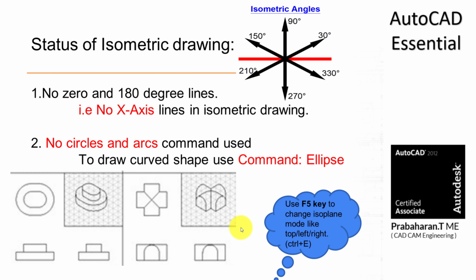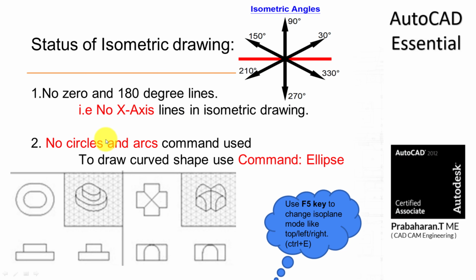Some important things we need to remember before drawing the isometric. The first thing, no 0 or 180 degree lines. This is what I said, no x-axis lines. Instead of x-axis, we use 30, 150, 210, 330.